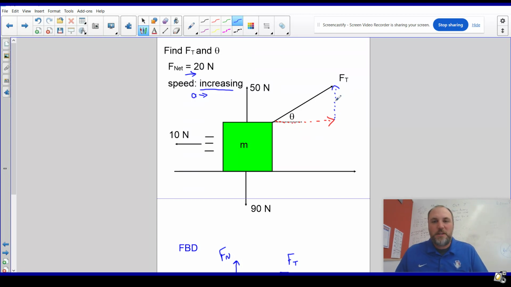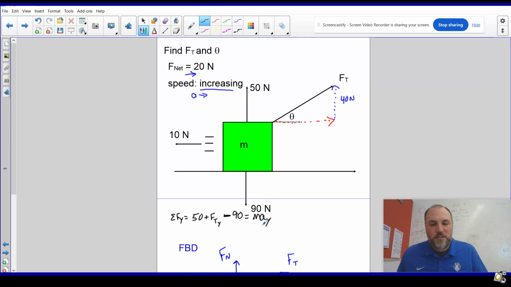That allows me to determine the vertical component of this tension. In order for the vertical forces to be balanced, I have an up 50, so I will need an up 40 newtons for a total of 90 newtons up and 90 newtons down. I could write the sum of the vertical forces is 50 plus the vertical component of the tension minus 90, because it's downward, and that should equal ma.